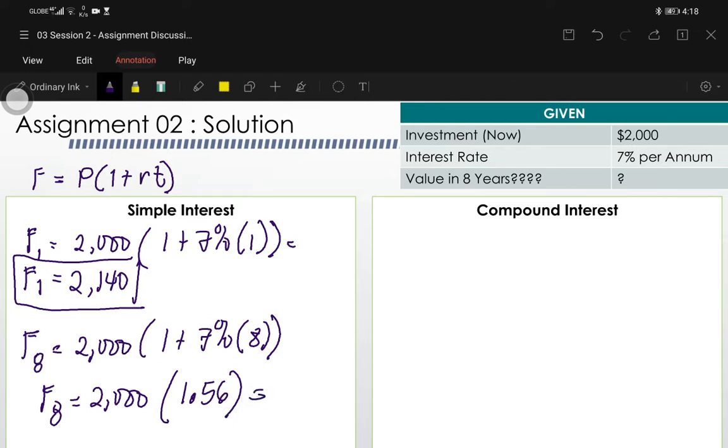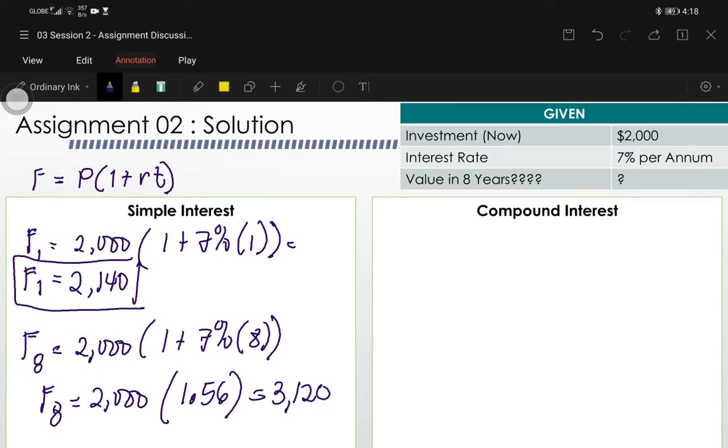So, that would mean the value of your 2,000 investment at the end of 8 years is 3,120. Also, the graph for the year by year solution for this one will be posted on our Canvas class.